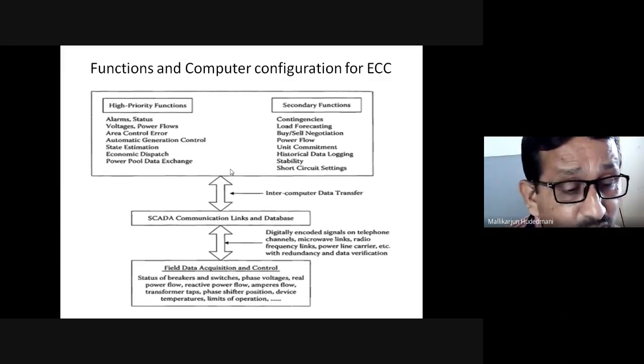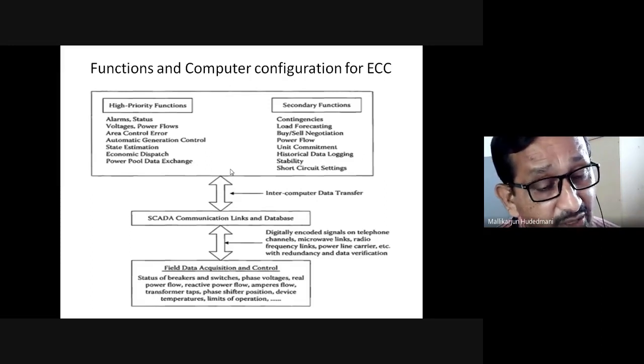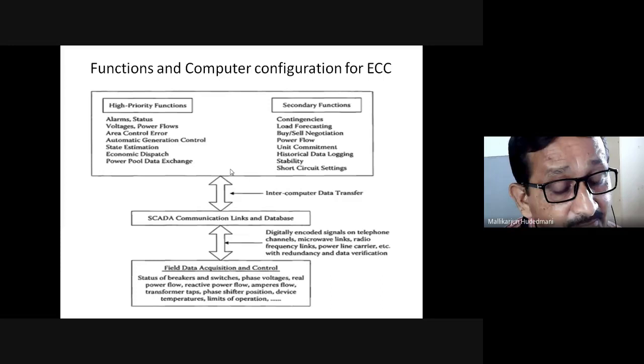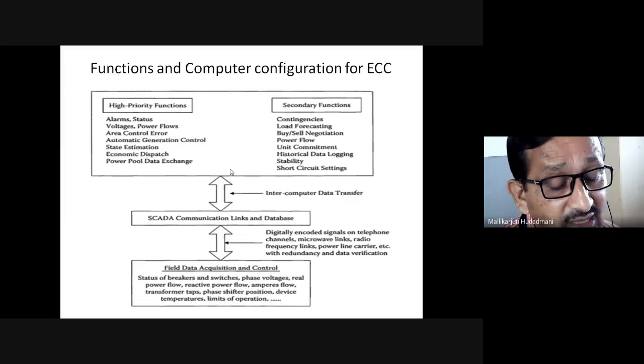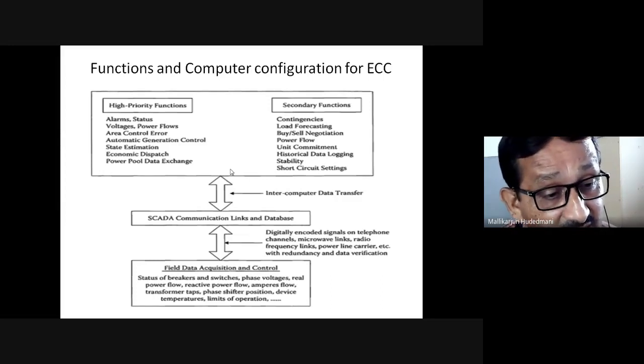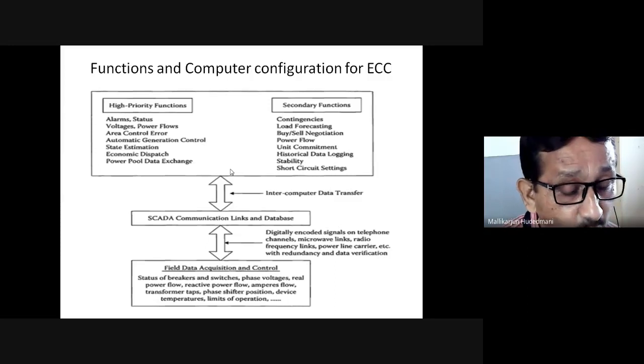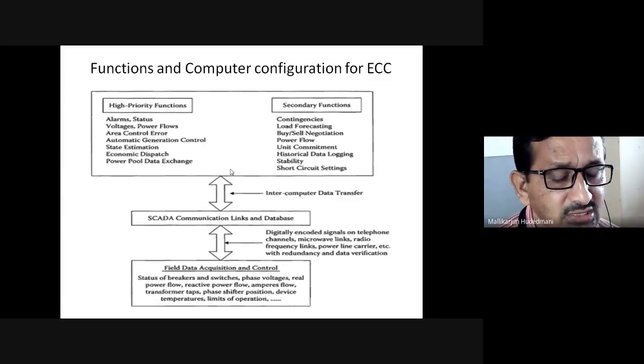A transformer tap position, if it is at the last point, further shift in the position is not possible. It should be indicated. Then bus coupler, isolator, any such status has to be communicated very precisely with priority. And the measurement of bus voltages is one of the important aspects with priority.